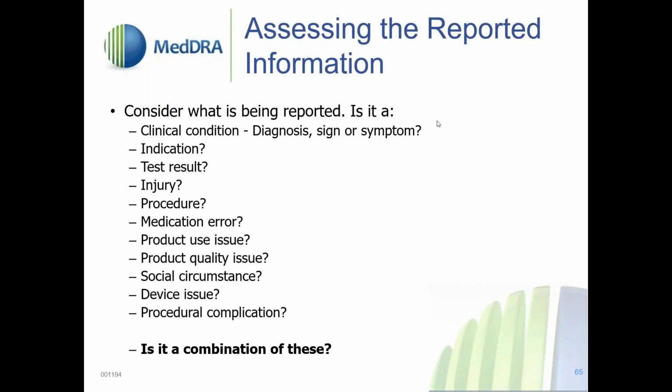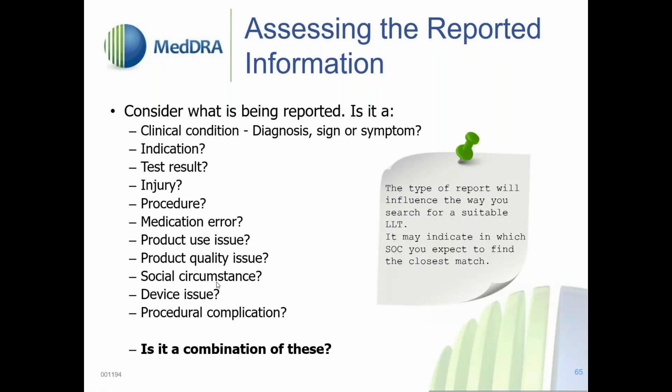And you should check whether it's a clinical condition, a diagnosis, clinical sign or symptoms, whether it's an indication for use, a test result, investigational result, an injury term, whether a procedure is reported, a medication error or product use issue, whether a product quality issue is reported, just a social circumstance of the patient, a device issue or procedural complication, or a combination of these. Because the type of report will influence your search for suitable MedDRA terms, of course.